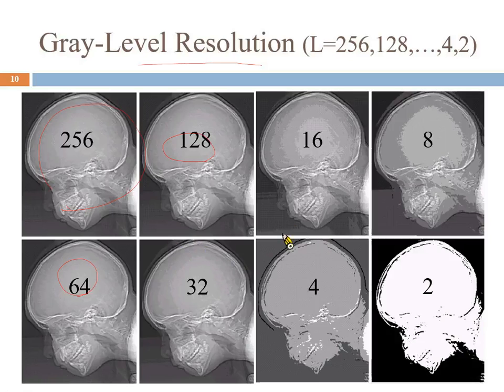For example, in this image, the gray level will be quantized into 4 different levels, so the intensity value is quantized into 4 different labels, and we can represent just 4 different intensities. And if we use just 1 bit to represent a pixel, we can only describe whether the pixel is white or black, so we just see a black and white image. This is the so-called gray level resolution.